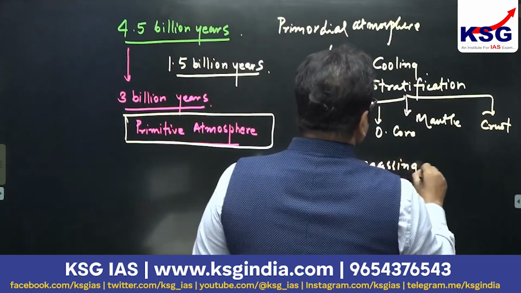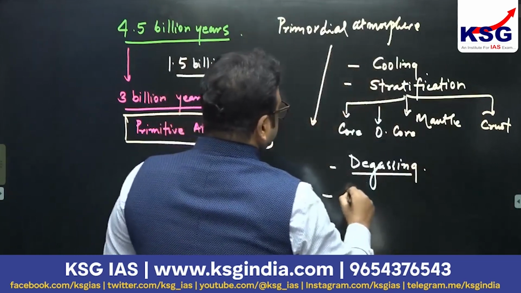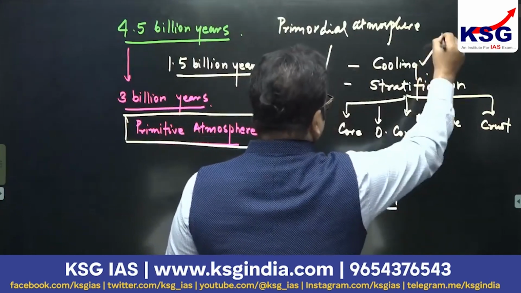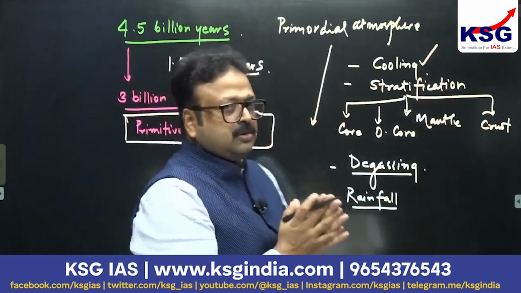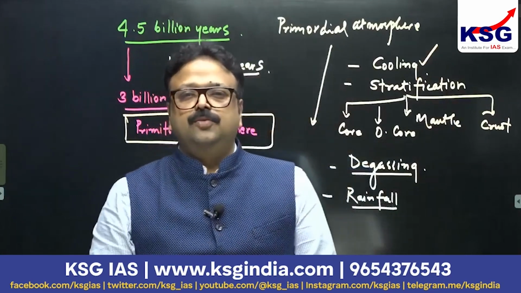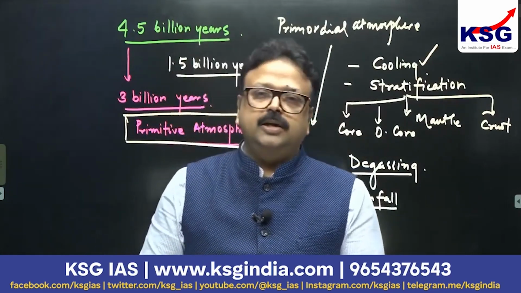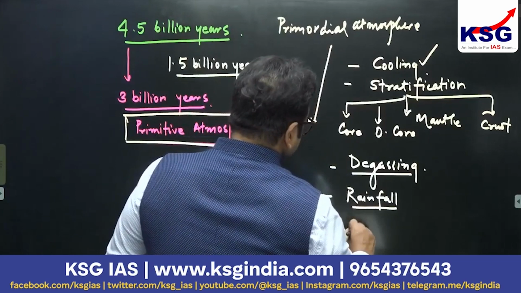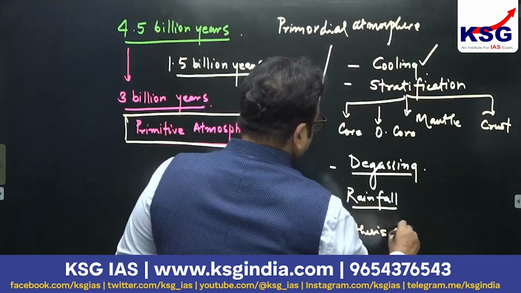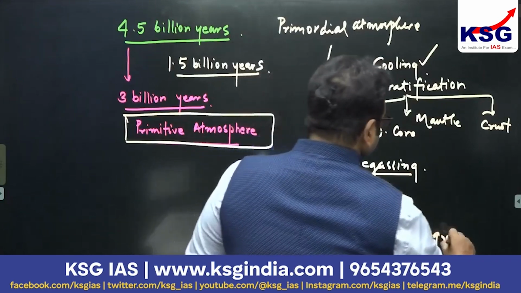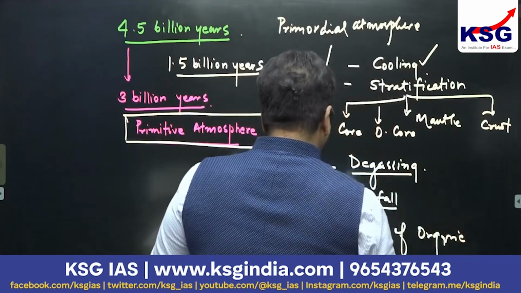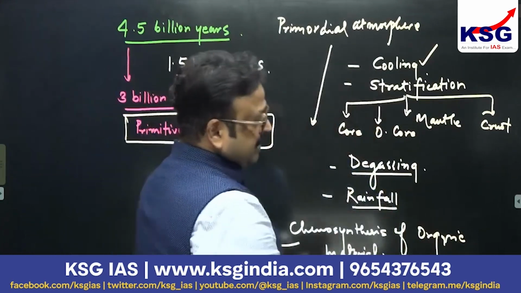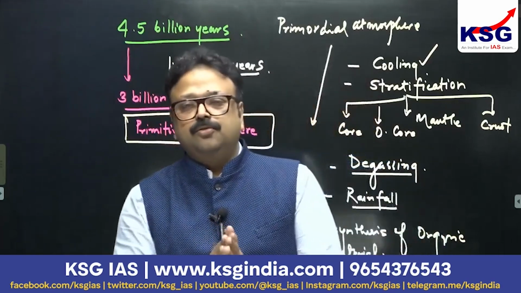And after degassing, there was a continuous rainfall that is also taking place. So it is also adding to this cooling. And the most important thing that happened in this phase was chemosynthesis of organic material, which was the basis of origin of life.